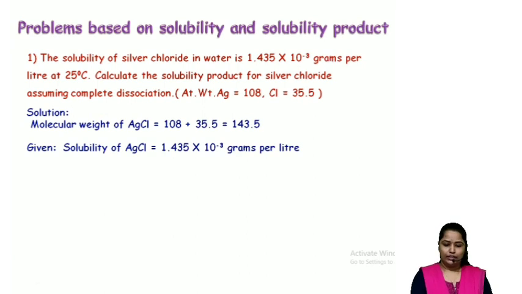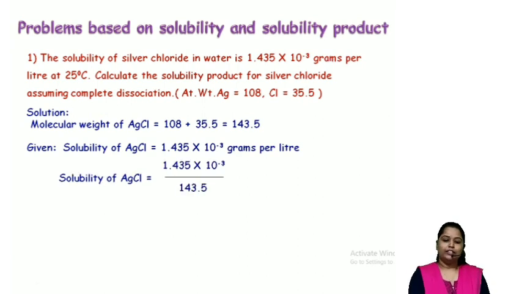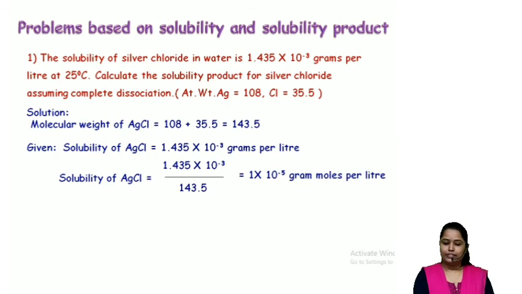For that we have to divide solubility in grams per liter by its molecular weight. Therefore, solubility of AgCl in moles per liter is equal to solubility in grams per liter divided by 143.5, and we get 1 x 10^-5 moles per liter.